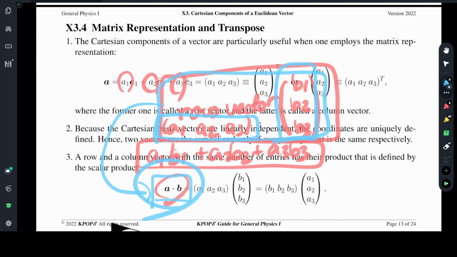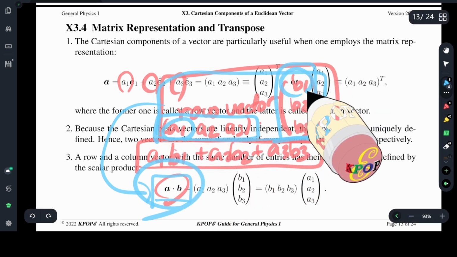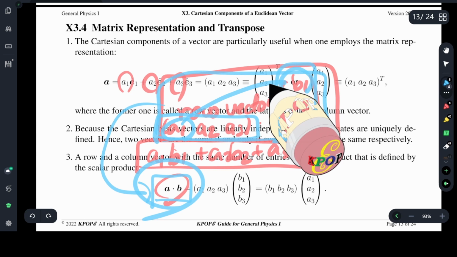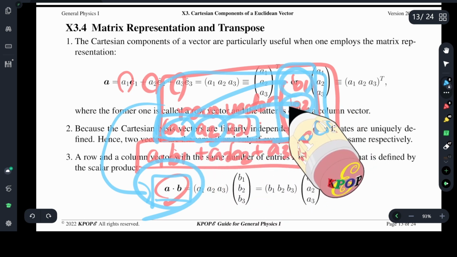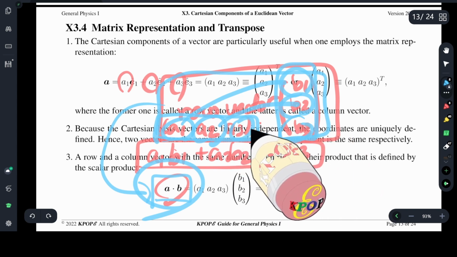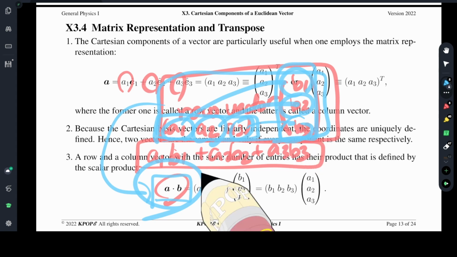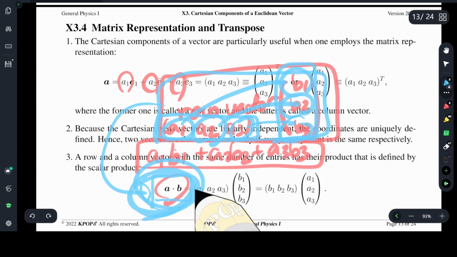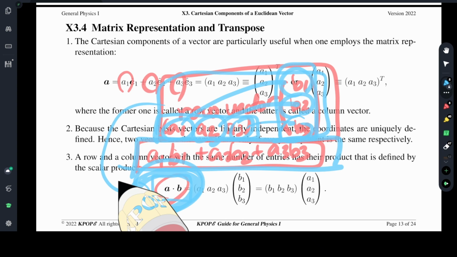So how does it work? The first element, multiply. The second element, multiply. The third one, multiply. And then add them up. Why? This is because the Cartesian coordinate system gives the scalar product in this form. That's it. There is no reason.